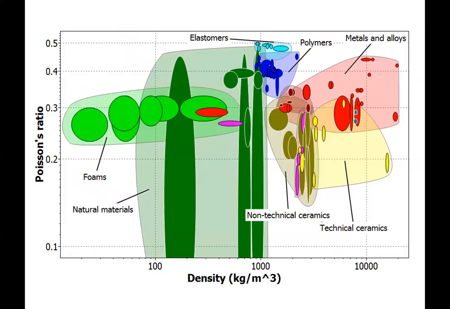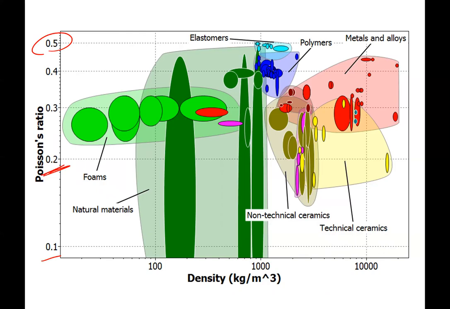So here's a chart of the values for the Poisson's ratio. As in the previous charts, you can see they cluster into different classes of materials. But take a look at the range of the Poisson's ratio. You can see that it seems to have a limit at about 0.5, right? We do have some materials dropping off below 0.1, but really most of them seem to be in this sort of 0.2 to 0.5 region.